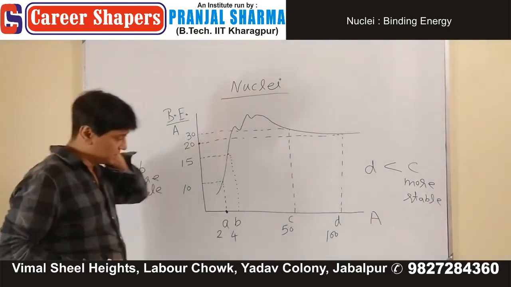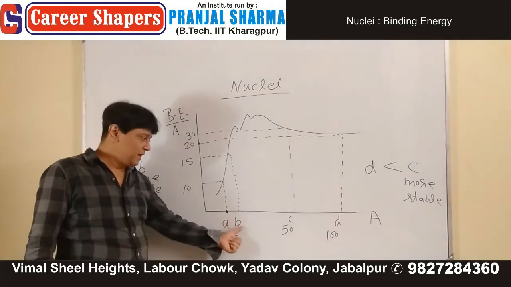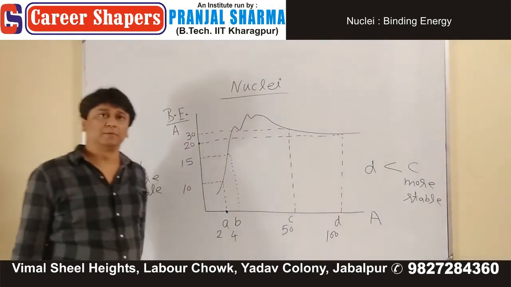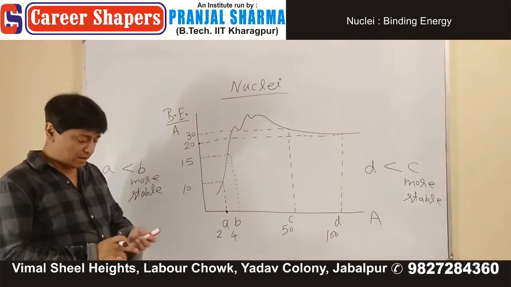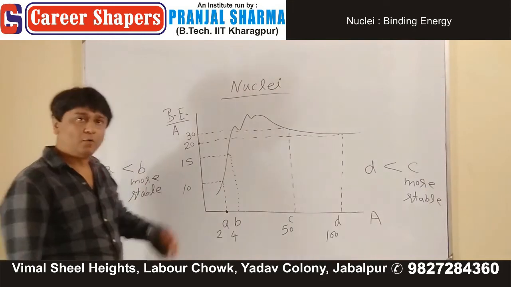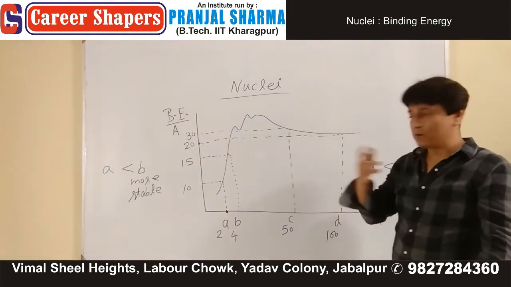Which means what? If B is more stable and out here C is more stable, then the stability part is giving us a way of creating energy. What is that way?